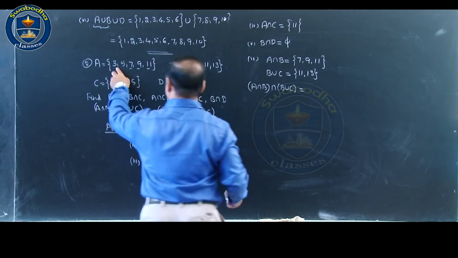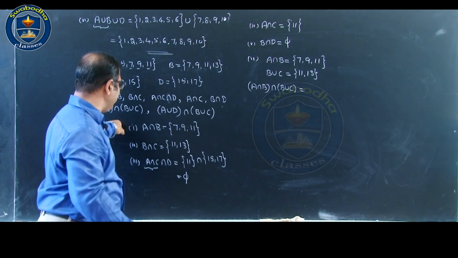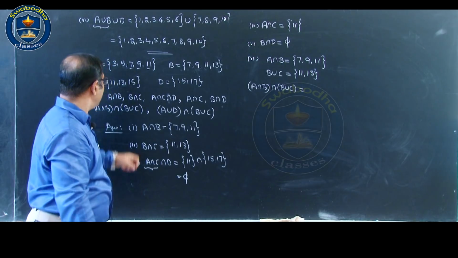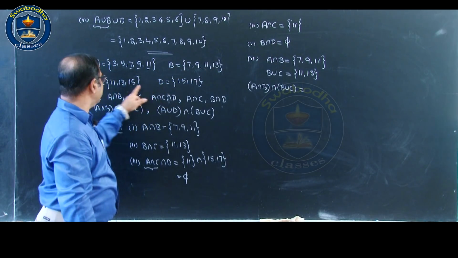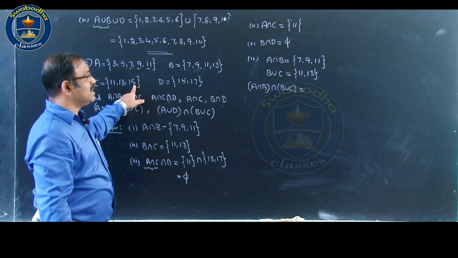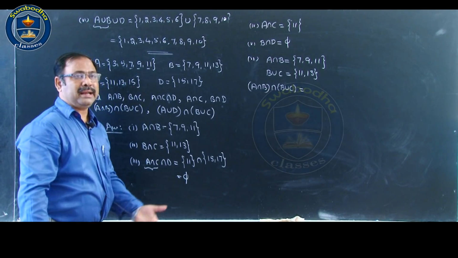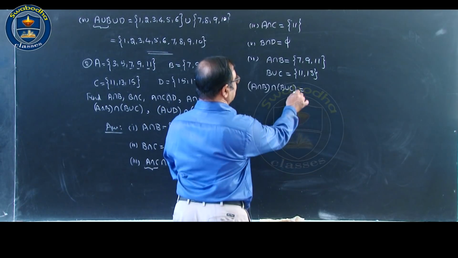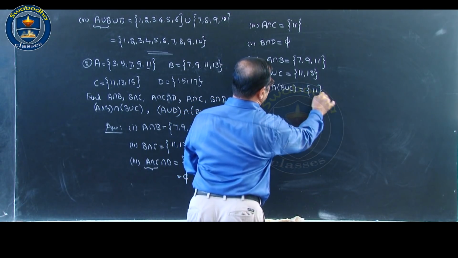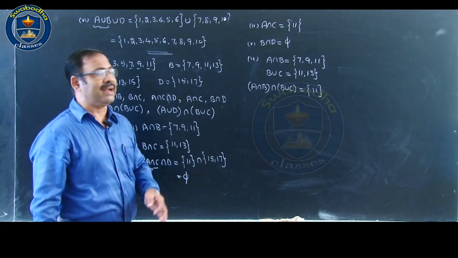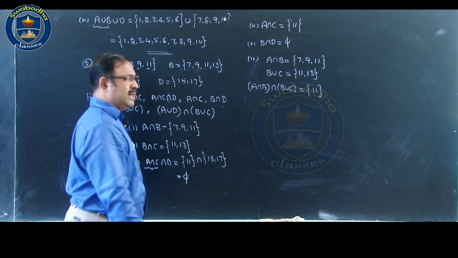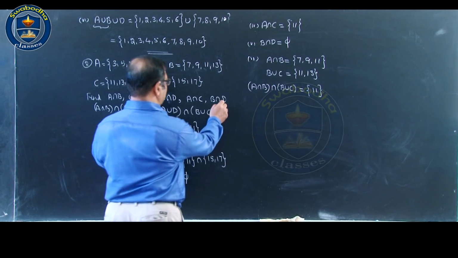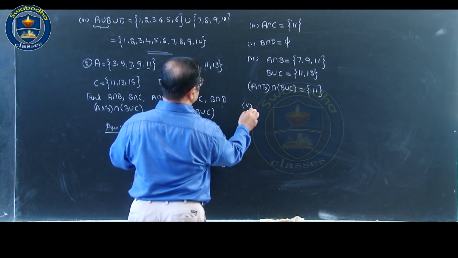Look, A intersection B is 7, 9, 11. B intersection C: 7, 9, 11, 13 and 11, 13, 15, so it is 11, 13. Now what is this intersection? It is 11. You have to find the common element present in both. Follow this.